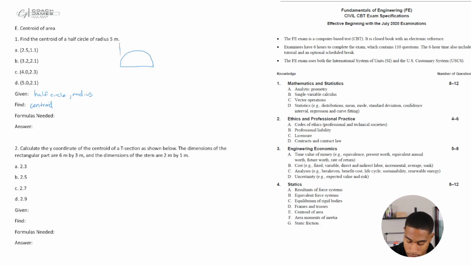And you have an x and a y coordinate system. Maybe our center would be somewhere right there. So that's what we're trying to find: the x coordinate and the y coordinate.